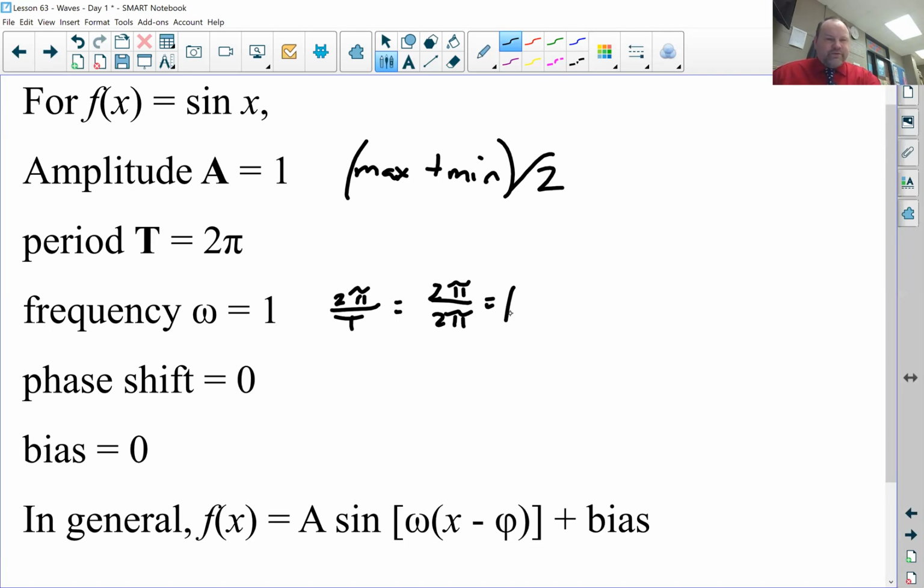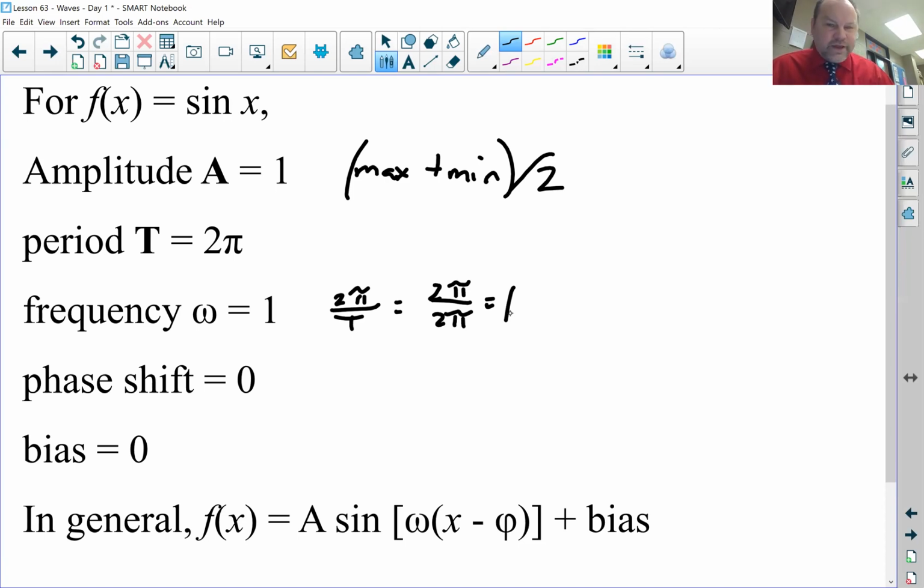In general, if we know these pieces, we can write the equation similar to what we did before we got to the variation lessons. And that would be amplitude times sine of the quantity, frequency times x minus the phase shift, plus the bias.